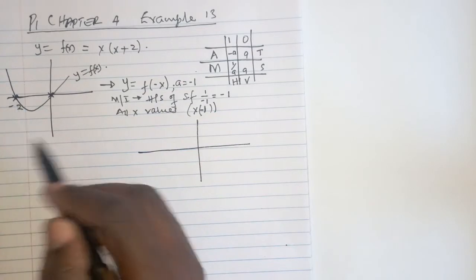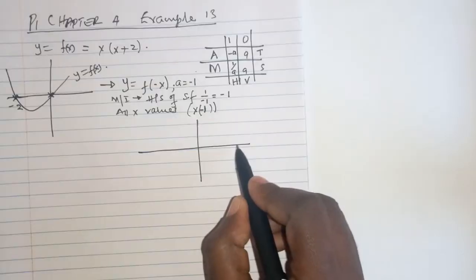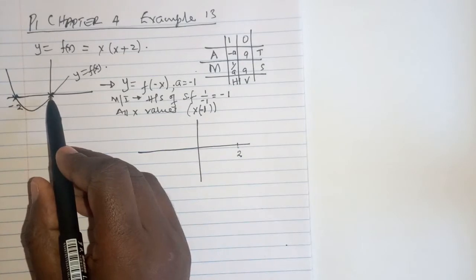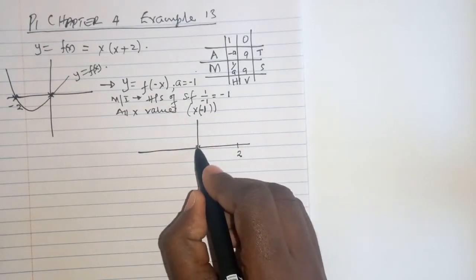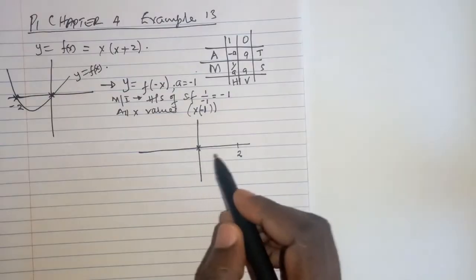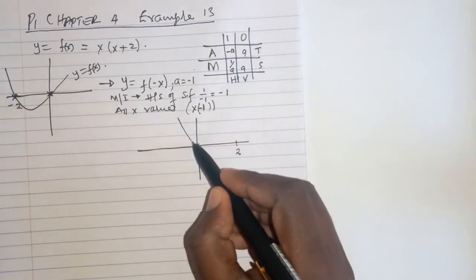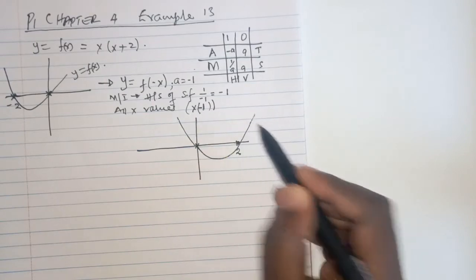Our x sometimes was negative 2, so negative 2 times negative 1 becomes positive 2. And at some point, x was 0, and 0 times negative 1 becomes 0. So our graph looks now like that. This is 2.